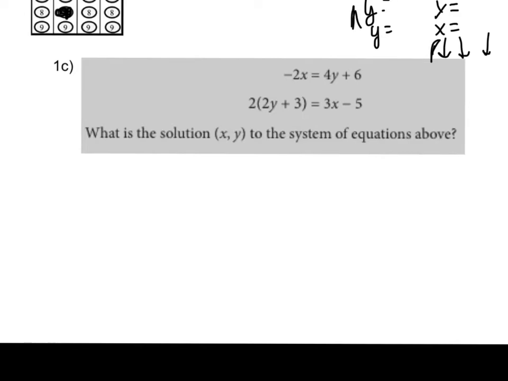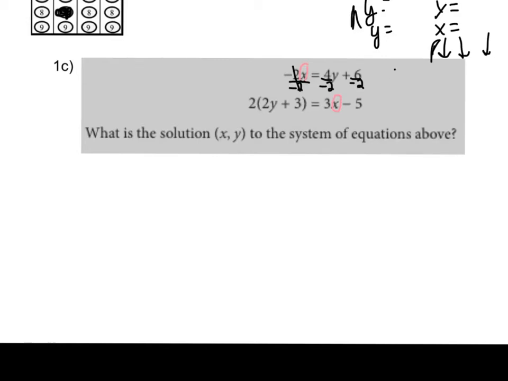So my advice, since this x right here is almost all by itself, is to divide everything here by negative 2, and then substitute what we get in for x in the bottom equation.